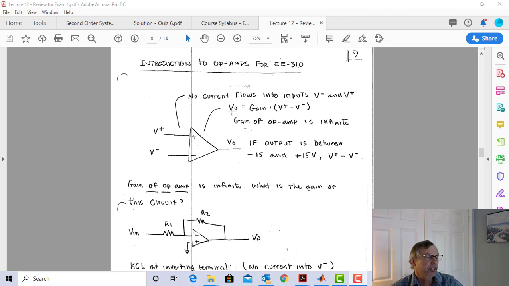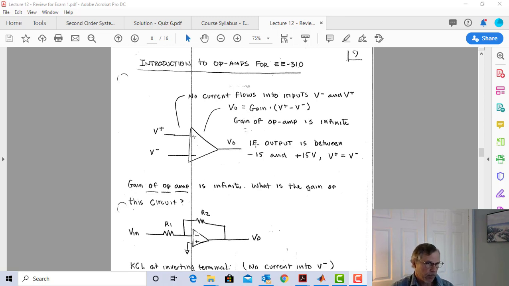It's actually what we call a differential amplifier because it amplifies the difference between those two inputs. The third thing we have to remember is that the gain of the op-amp is essentially infinite. This value right here is pretty darn close to infinity. It'll be a few 100,000 or so, but we're going to call it infinity in our class.